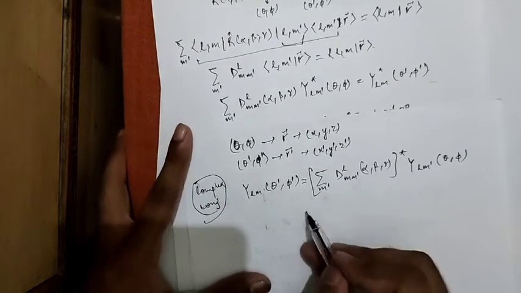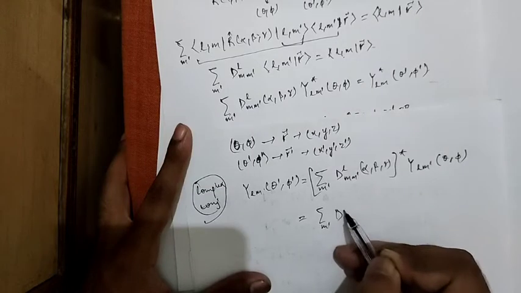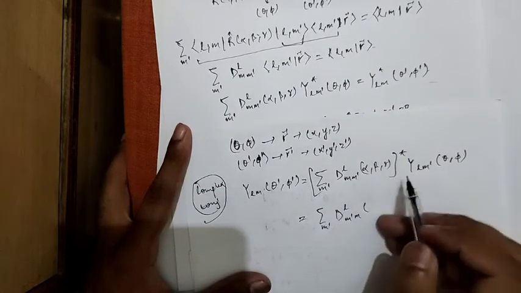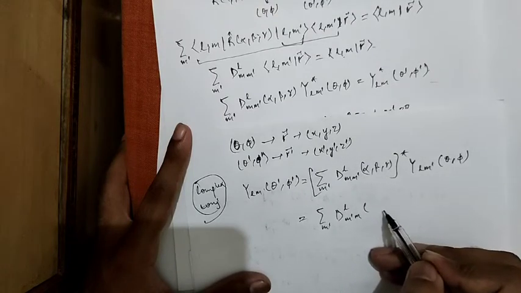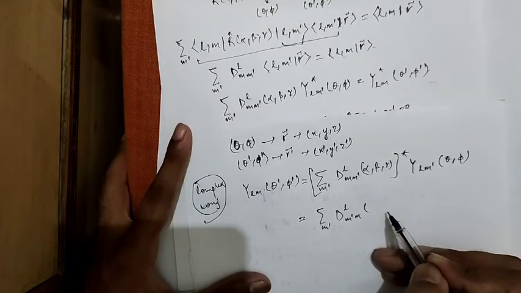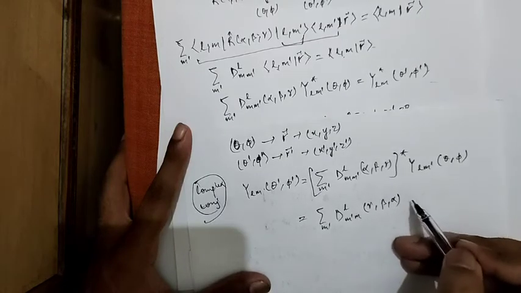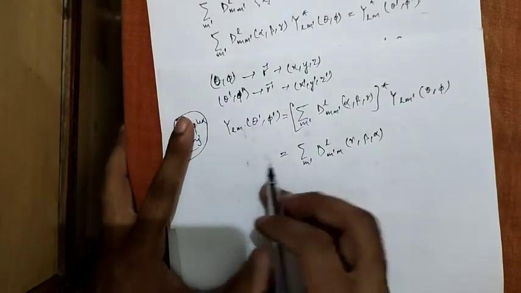The complex conjugate of this quantity is equal to summation over m dash of D^l_{m dash m}(gamma, beta, alpha).